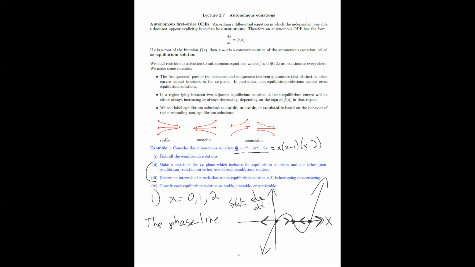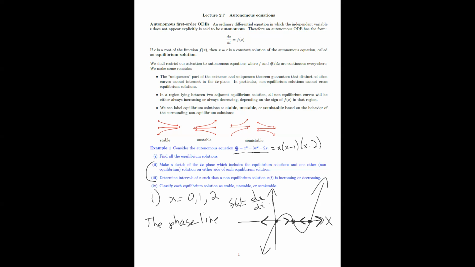So within each of these regions between the equilibrium solutions, I'm going to draw an arrow on that x-axis, and we will use this as our phase line. So make sure that's written down. I need to erase that now, but we are going to rotate that x-axis to be able to draw our solutions in the t comma x plane, or the tx plane.